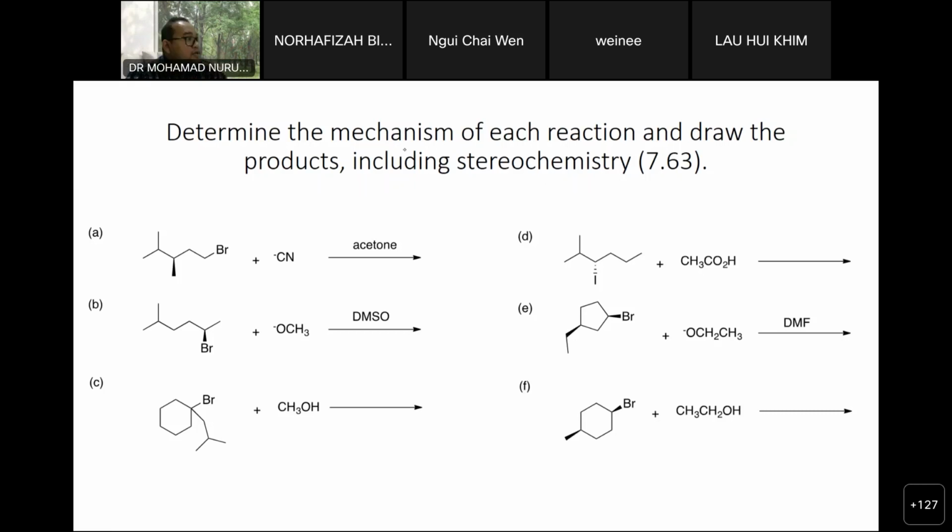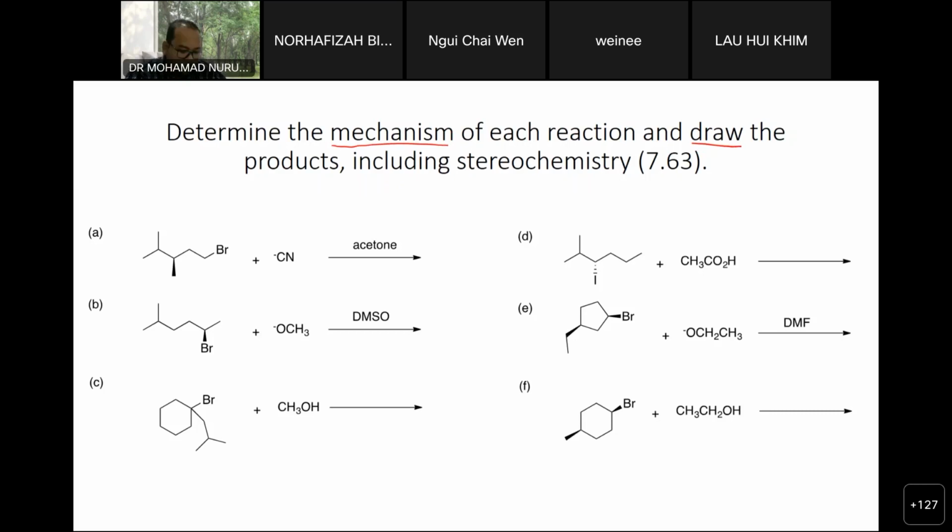Next question: determine the mechanism of each reaction. Just state the mechanism, and you have to draw the products. State the mechanism; if you want to draw it, yes, but no marks for that. But to be on the safe side, I strongly advise you to try some mechanisms.